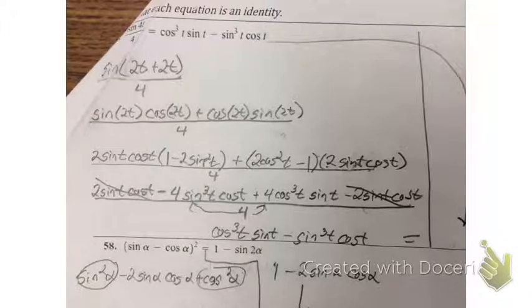So I'm breaking this apart into 2t and 2t, and then I use the sum angle formula. And the sum angle formula for sine is sine of alpha plus beta equals sine alpha cosine beta plus cosine alpha sine beta. So that's what I did. Sine times cosine plus cosine times sine, but they're all the same.